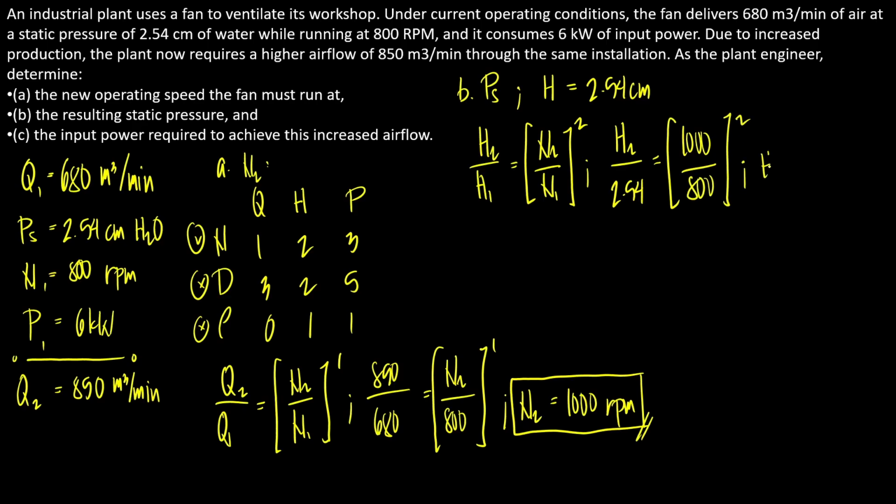So we have H2 of 3.969 cm. Or since we are looking for the static pressure, we would have PS of 3.969 cm of H2O.